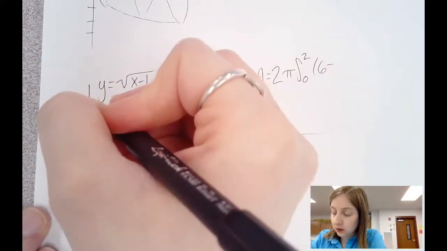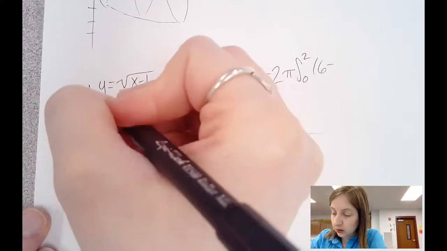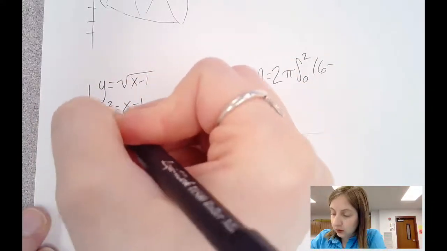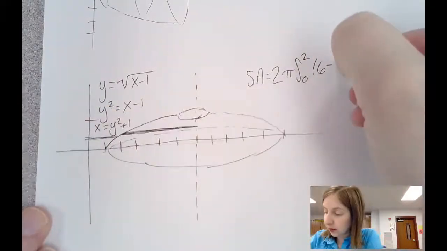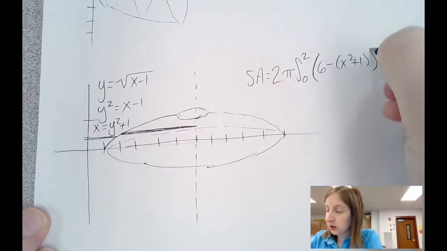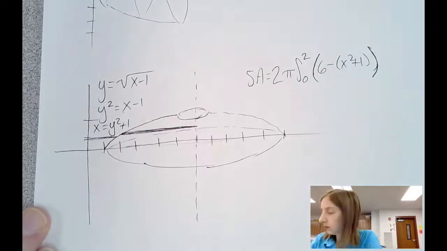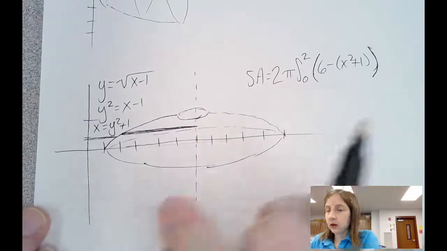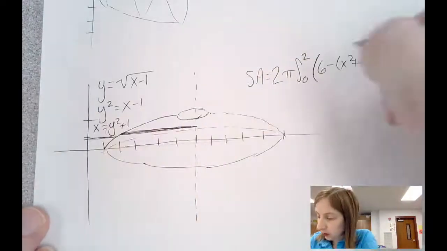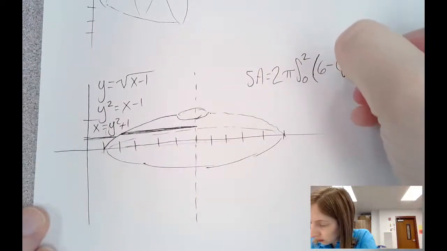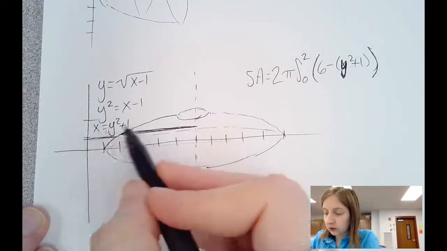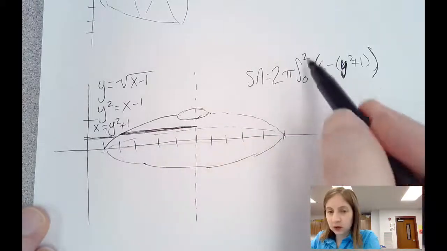So the derivative, or changing it so that it's in terms of y instead. x equals y squared plus 1. So 6 minus x squared plus 1. It's 6 minus all of that. Oh, but it's not x squared, it's y squared, sorry. We're trying to do everything in terms of y here. So 6 minus y squared plus 1, because we changed this so that it's in terms of y. 0 and 2 are in terms of y.